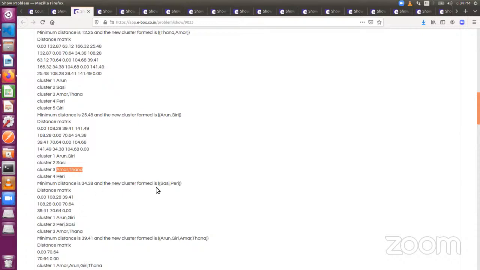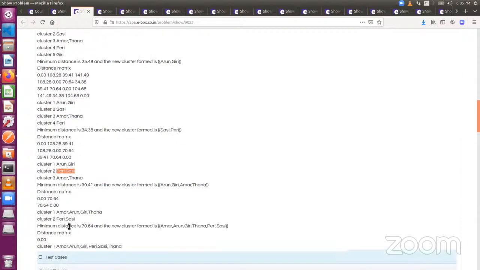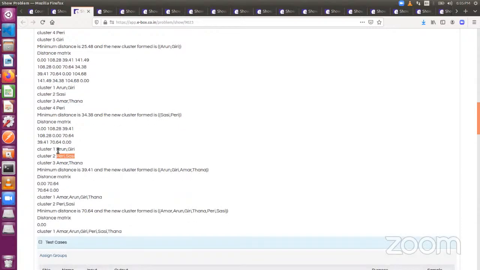Okay, so now in the third iteration, what happens? This is the second iteration. The first iteration, Amar and Dana got grouped. In second iteration, Arun and Giri got grouped. Okay. In the third iteration, Sasi and Peri will get grouped. Third cluster. And then again do the same process.